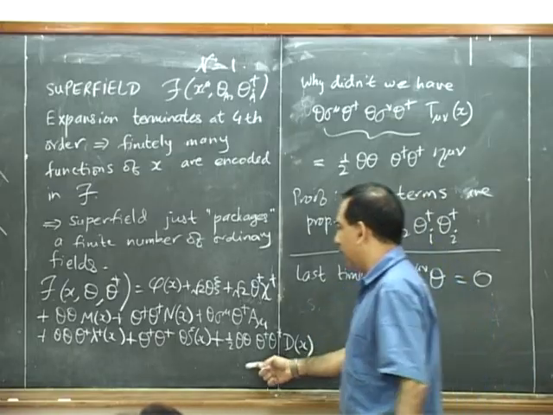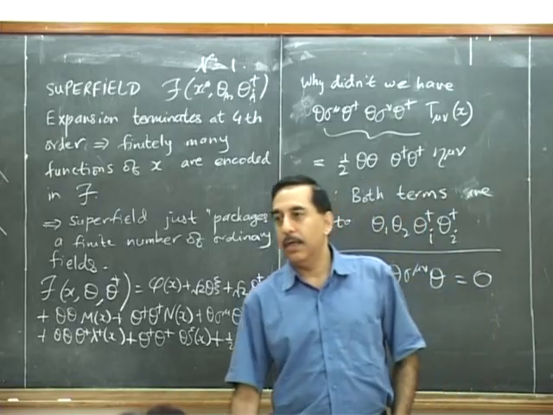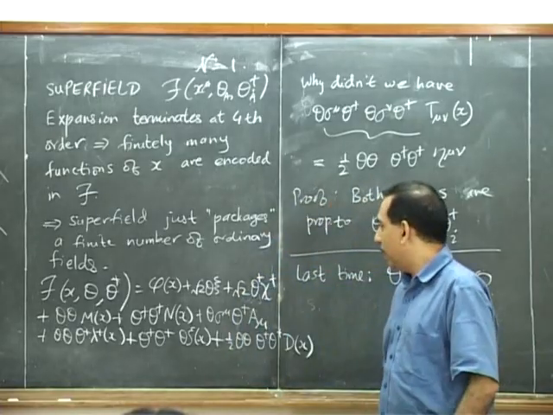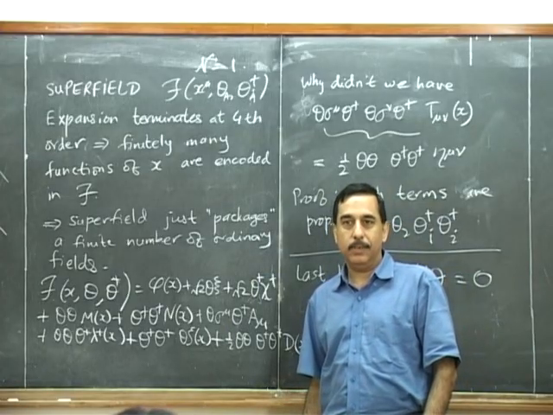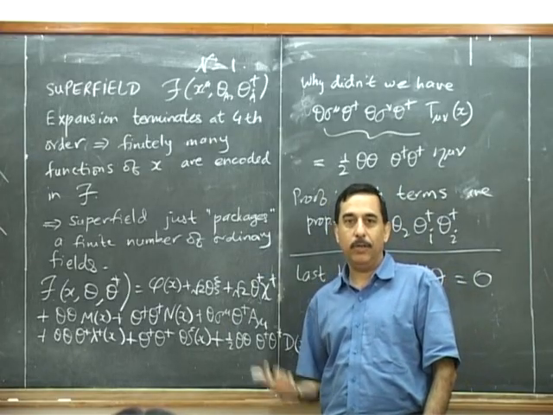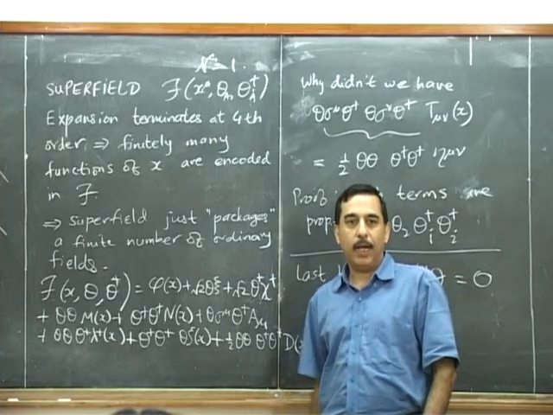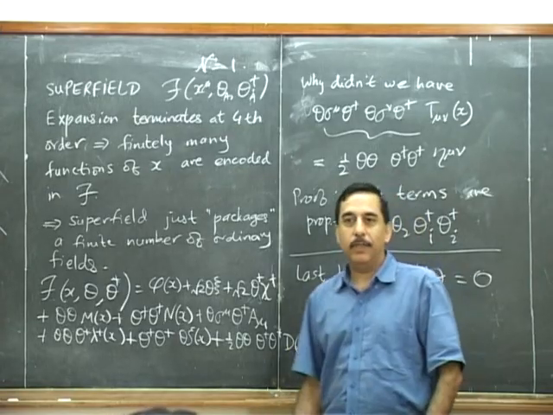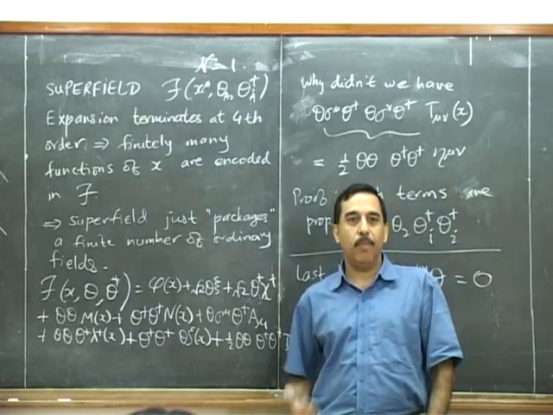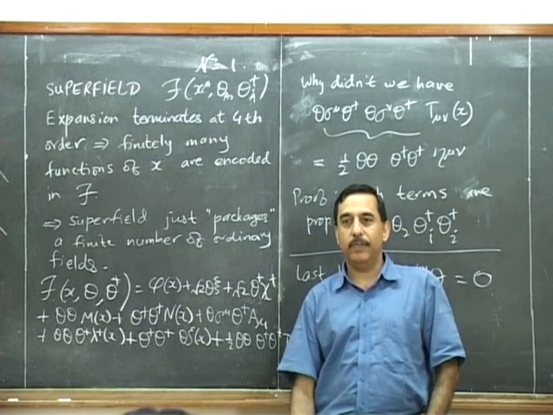Now this superfield is rather long and messy, and moreover this is a good reason why it's got too much information for us, because last time I wrote down for you 2 actions, one involving a scalar and a fermion, one involving a vector field and a fermion, both of which I claimed had supersymmetry, but both of which had a very limited field content. In one case there was just a complex scalar and a fermion, and in the other case there was just a vector field and a fermion.